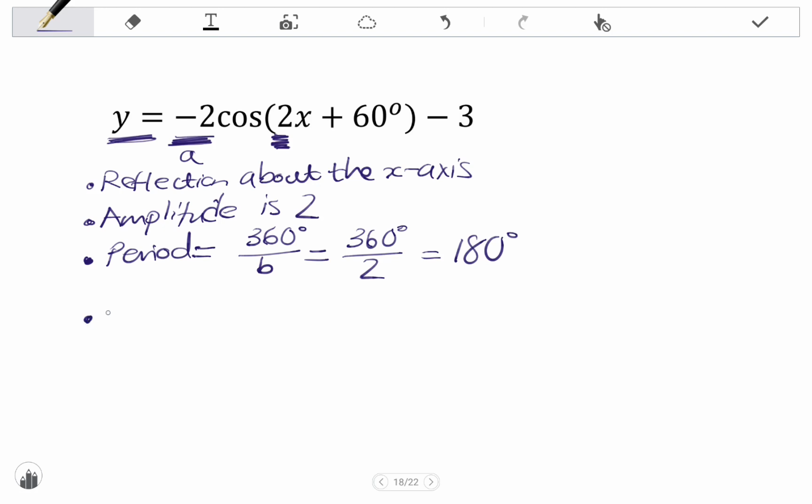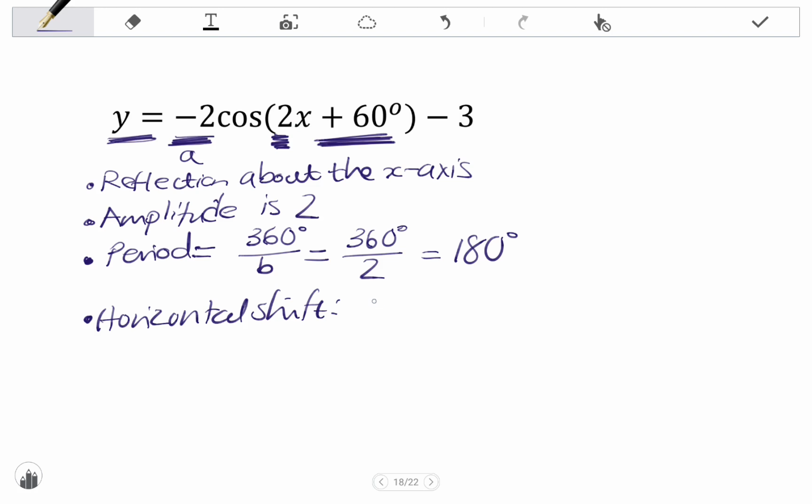Okay, now to understand the horizontal shift, be very careful. Don't just think, oh, I've got plus 60 in my brackets, it must be a horizontal shift of 60 degrees. Wrong. Why? Because there is a period change. That period change lessens the amount of our horizontal shift.